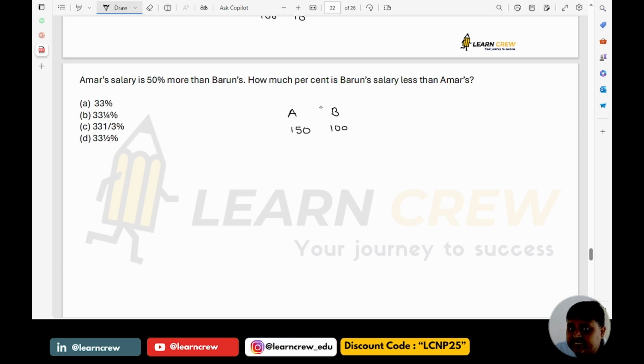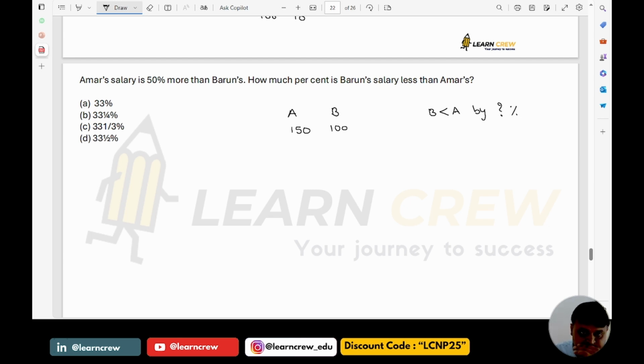Now it is asked, Varun's salary is less than Amar by how much percentage?